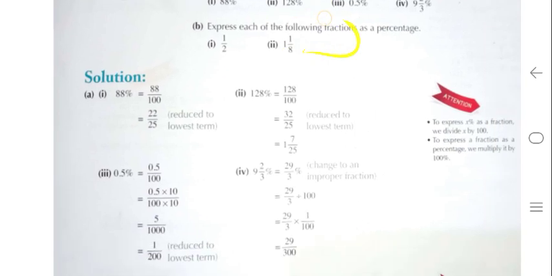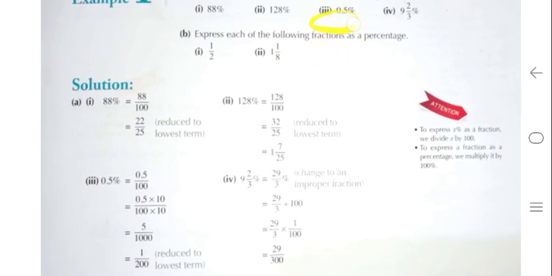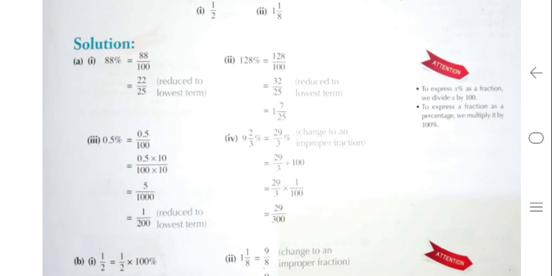Notice that the numerator is bigger than the denominator. 0.5% here will mean 0.5 over 100. What we can do here is times 10 to both, so we don't have a decimal. So 5 over 1000, and then divide both by 5. 1 over 200.